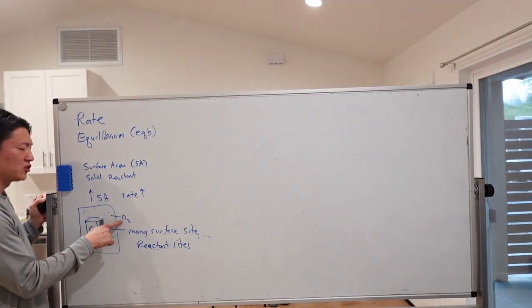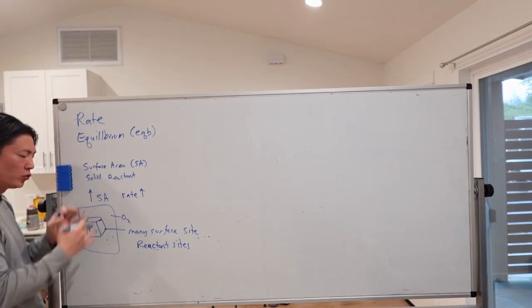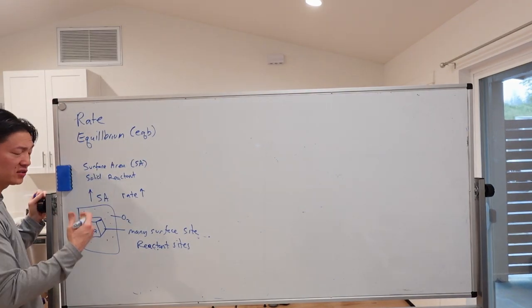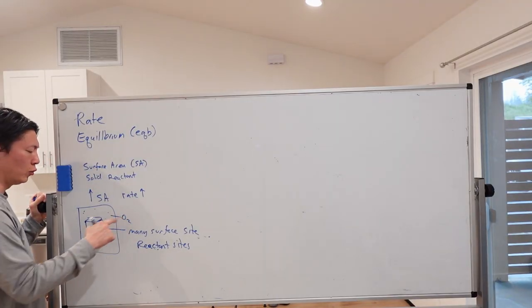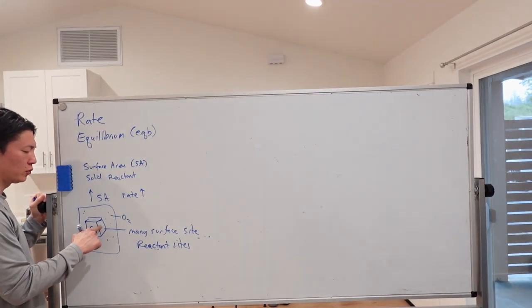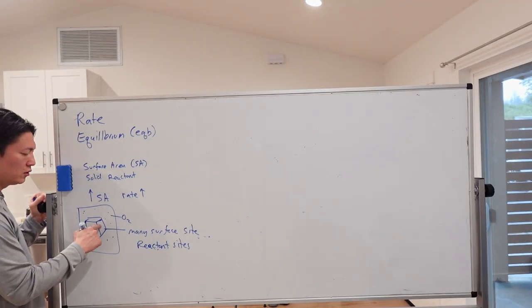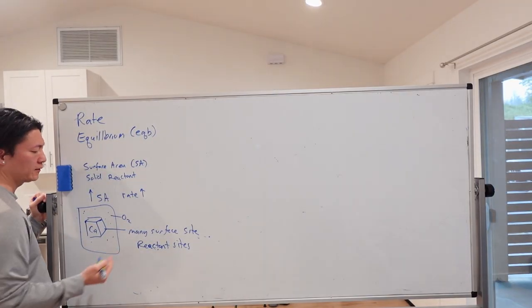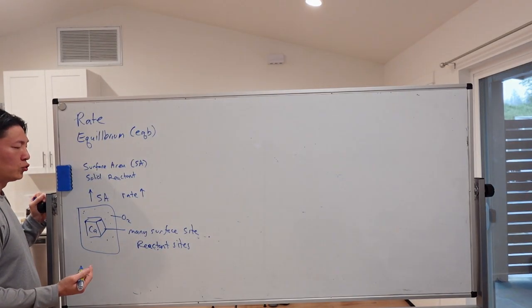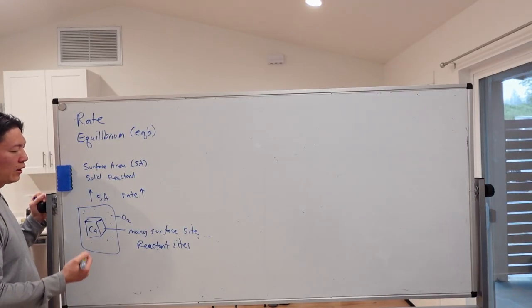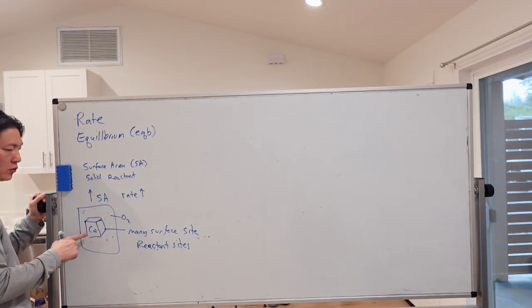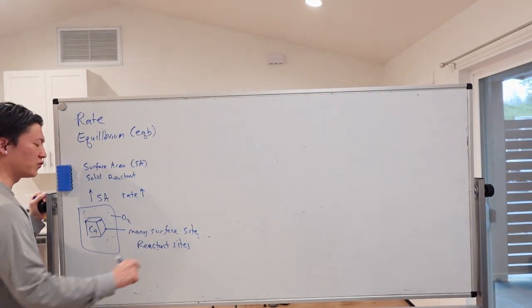And then oxygen gas is a gas, moving in random motion very fast. So every time an O2 gas particle collides with a surface site, then you could have a reaction. Now, if you increase the surface area, you have more surface sites.